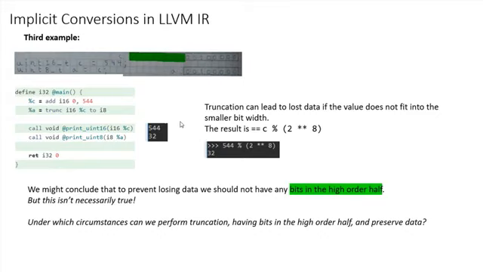So truncation actually happens very mathematically predictably. The result is C, which is the value of the 16-bit integer, mod by 2 to the 8th power. So 2 to the 8th power is this bit position right here. And if you think about it, anything greater than or equal to 2 to the 8th power is evenly divisible by 2 to the 8th power, therefore its modulo value is 0.